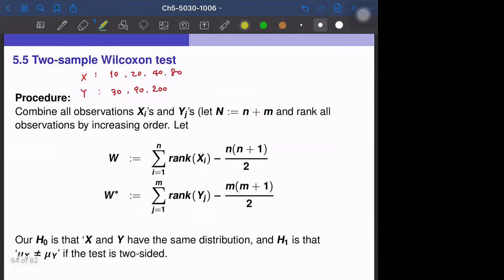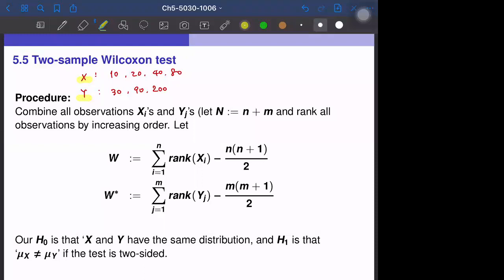Okay, so the idea of the Wilcoxon test is that we use ranks of observations. Suppose we have two samples: x is 10, 20, 40, 80, and y is 30, 90, 200.